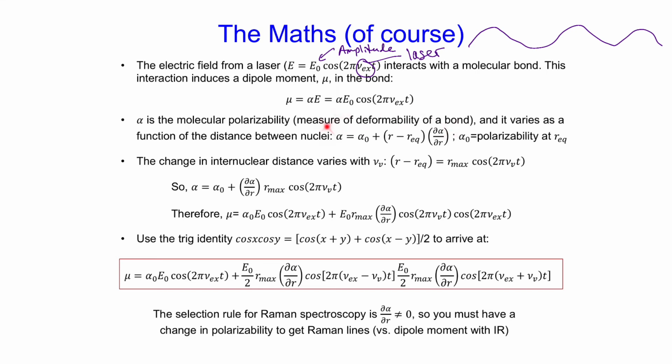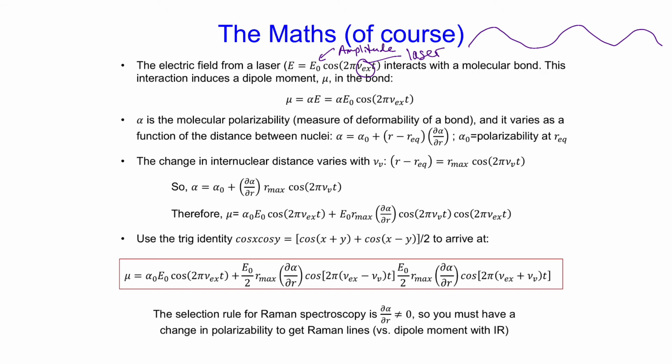Okay, that's described by this equation here, so we can see the dependence on essentially the bond length of our molecule and how that polarizability is changing as our internuclear distance changes.